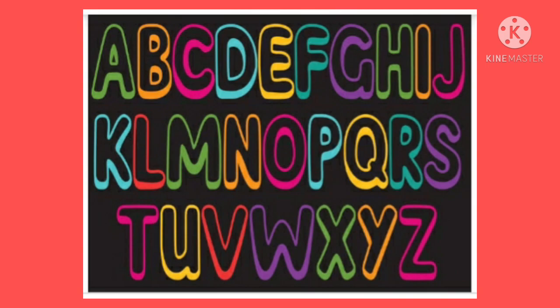And of course, these alphabets have a few consonants and a few vowels. If you talk in general terms, A, E, I, O, U, these 5 are the vowels, and the remaining 21 are the consonants.